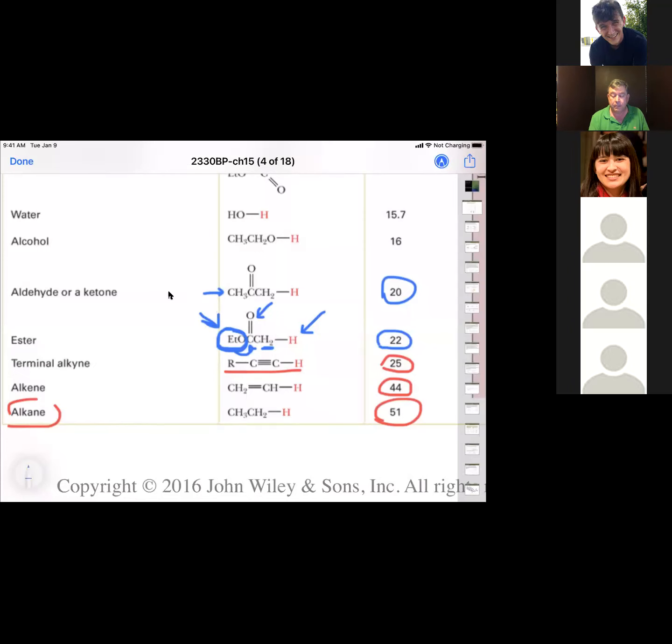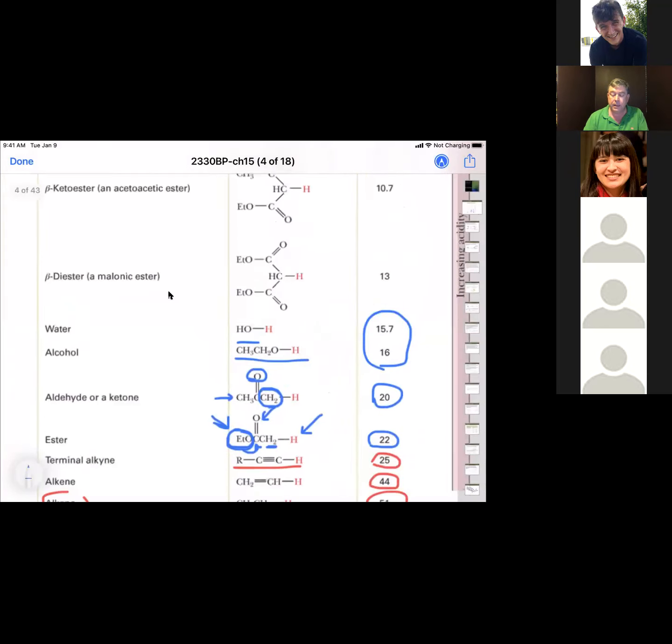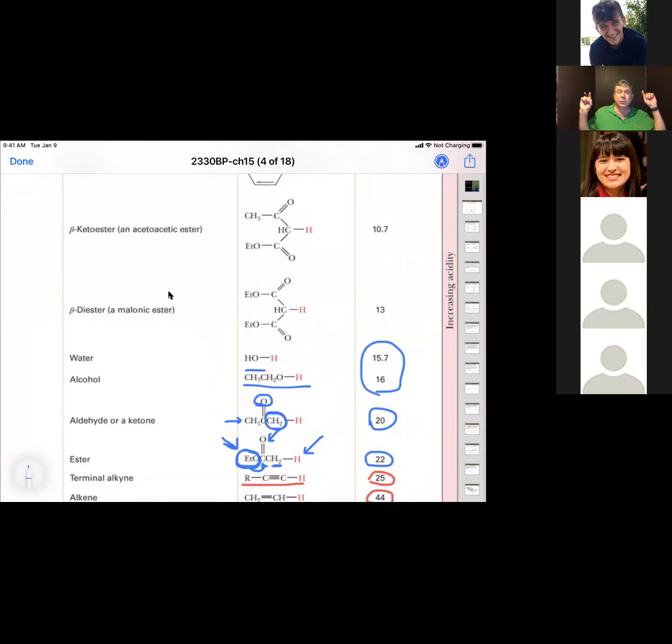But again, some of the time the negative charge is on carbon and some of it's on oxygen. So alcohols and water are just more acidic than those two. However, what if we put two carbonyls on an alpha carbon? What happens? Now we have electron withdrawing in this direction and electron withdrawing in this direction.